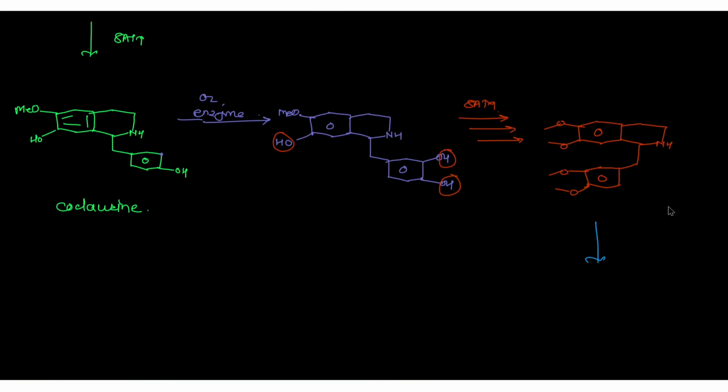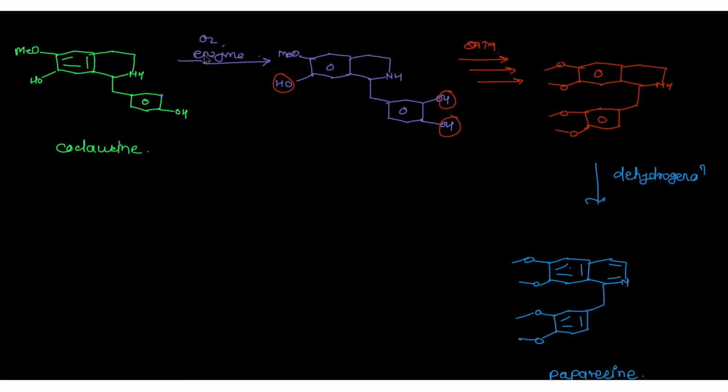In the next step, dehydrogenation takes place and we get this moiety which is known as papaverine.